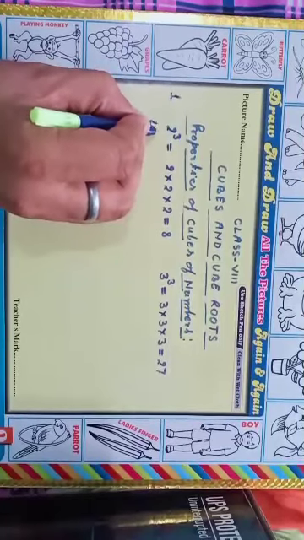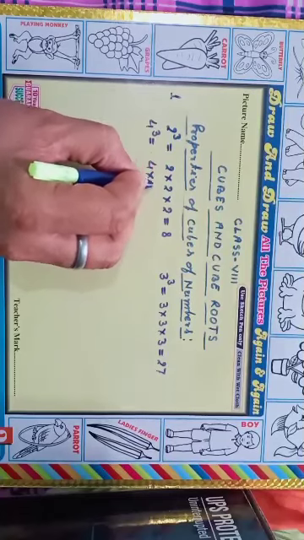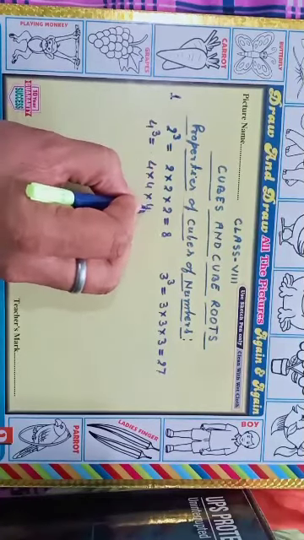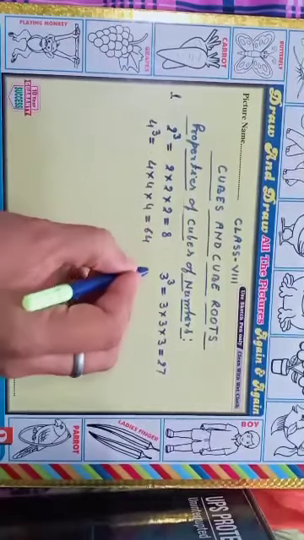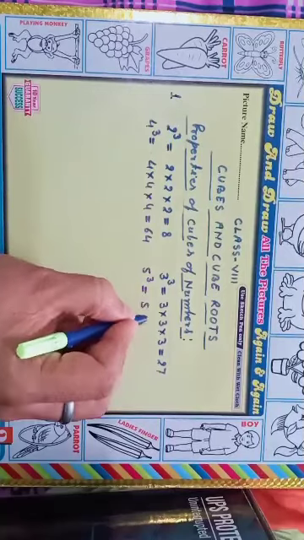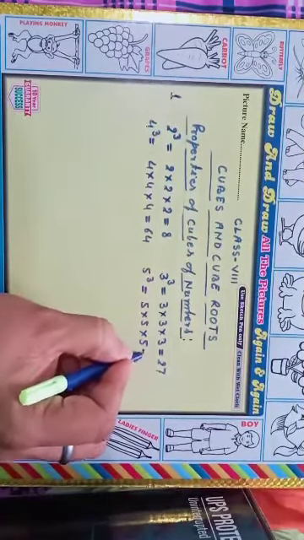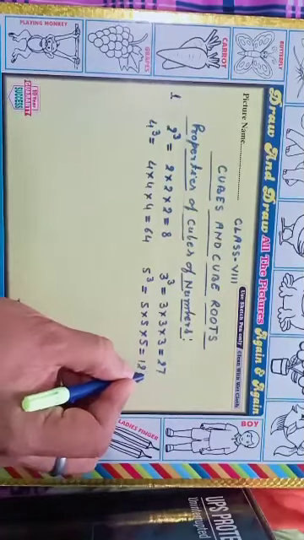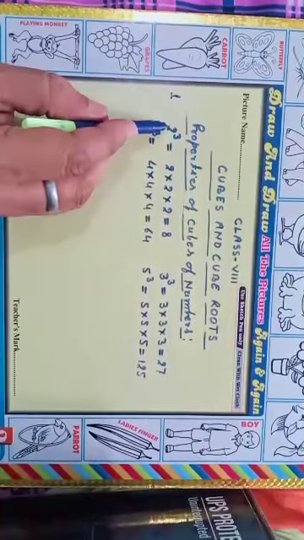Now 4 cube: 4 multiplied by 4 multiplied by 4. Its value is 64. 5 cube: 5 multiplied by 5 multiplied by 5. Its value becomes 125.